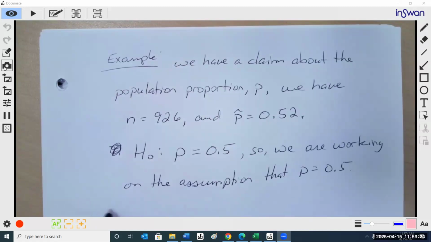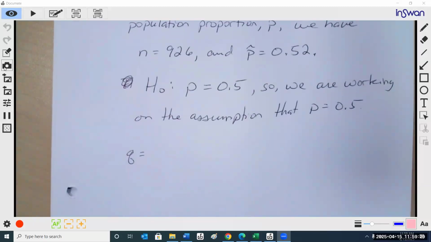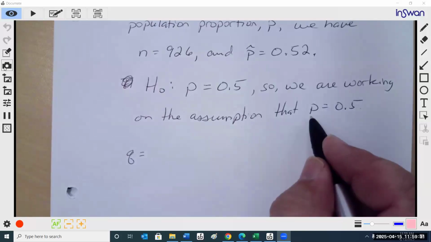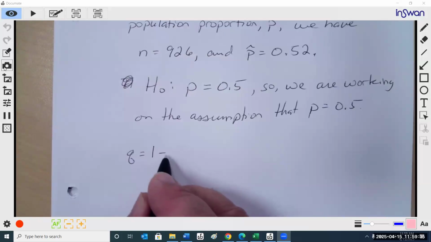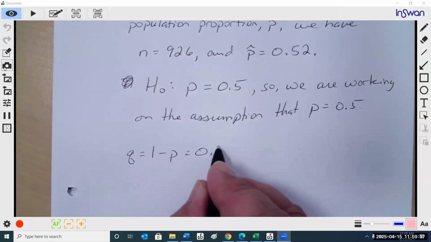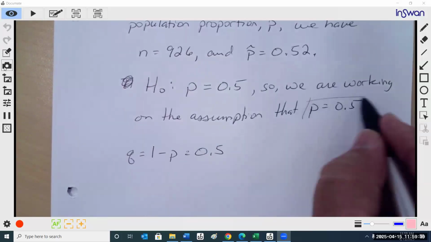So from here, what is our Q? Since we have a P, we have to know Q. Well, it's 1 minus P, which is 0.5. So we have P and Q.